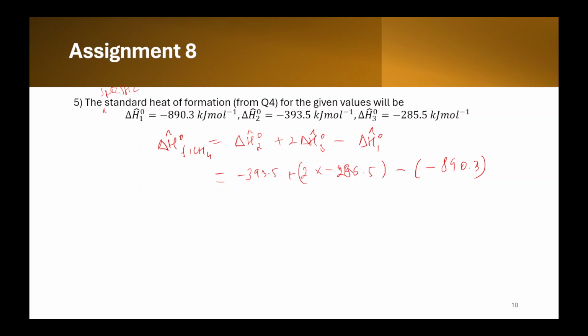This comes out to be minus 74.2 kilojoules. So the answer is written here, minus 74.2 kilojoules.